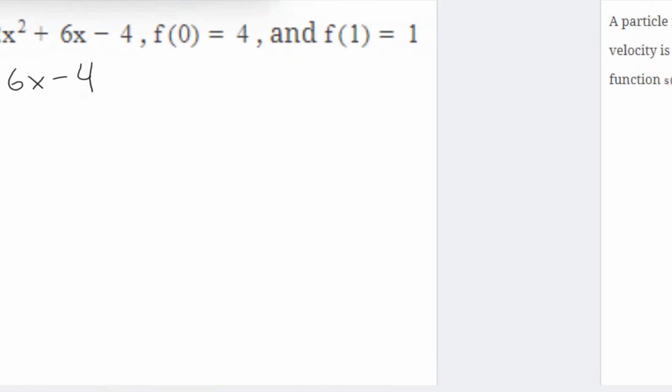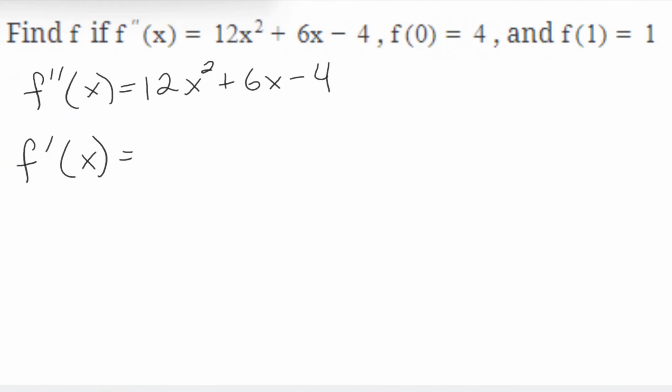Oh, I lied. I have one more problem after this, because then I was going to make some problems up. All right, so what's our derivative of this one? Because we're on the second derivative.